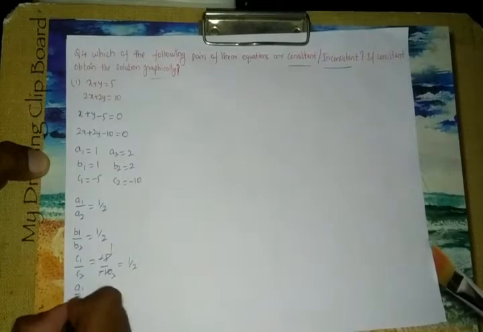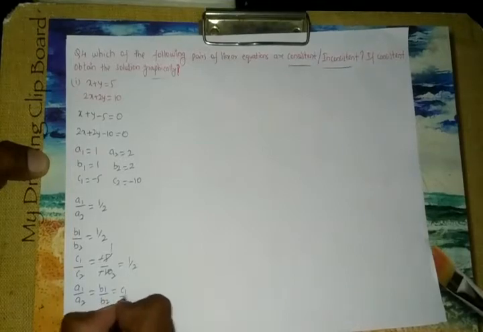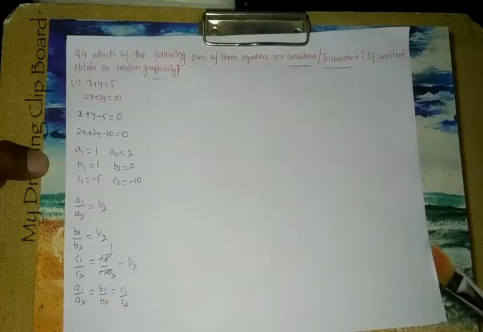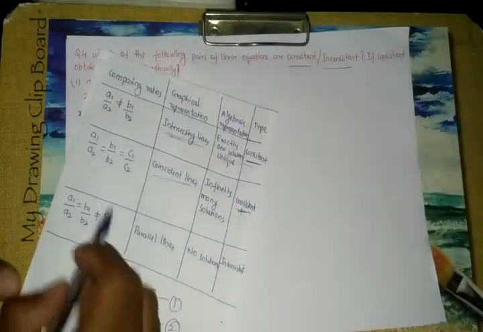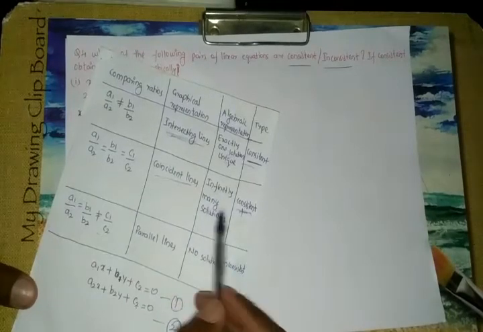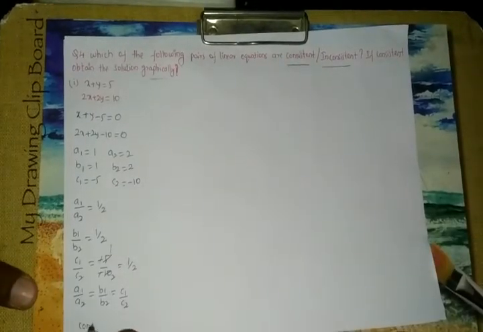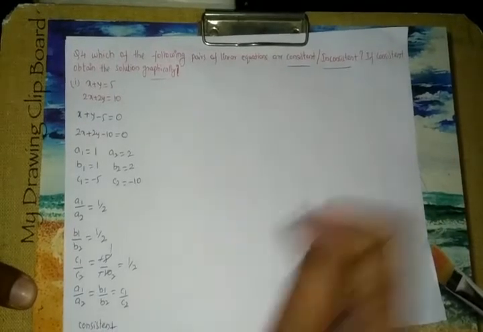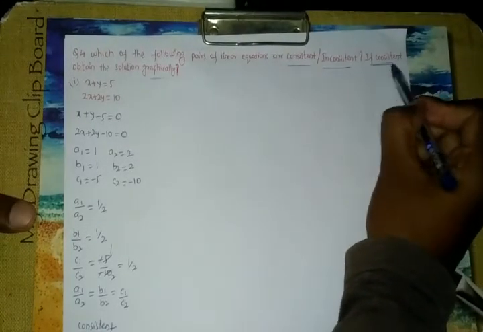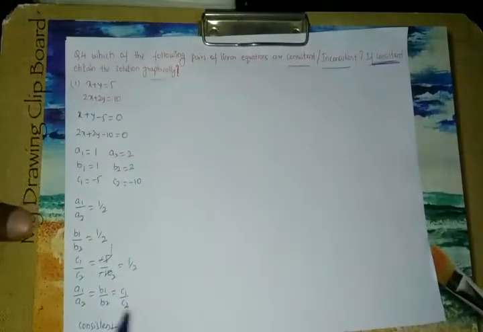So clearly we can observe that a1 by a2 equals b1 by b2 equals c1 by c2, which implies that we will get coincident lines and we'll have infinite solutions, and the type of equation is consistent. If the equations are consistent, then we need to obtain the solution graphically.